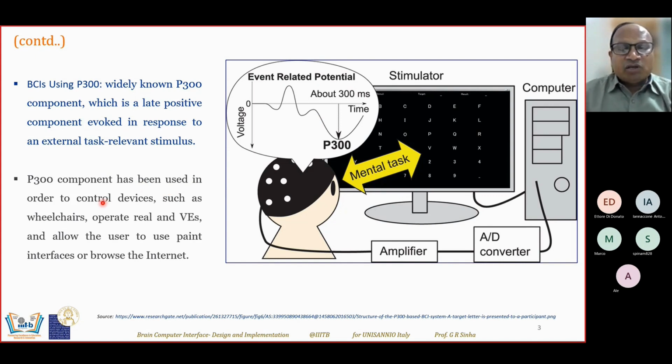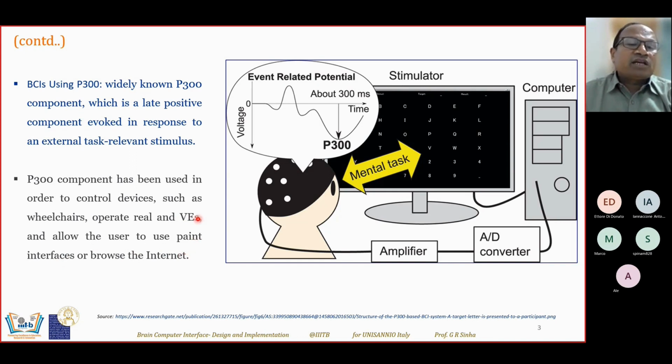This is actually very popular. You can find a number of research papers and articles on these. P300 is used in order to control devices, even for those who have some disabilities, in a smart home or a smart environment system. You can use P300 to control devices such as a wheelchair. P300 can also operate on real and virtual environments and allow the user to use paint interfaces or browse the internet.